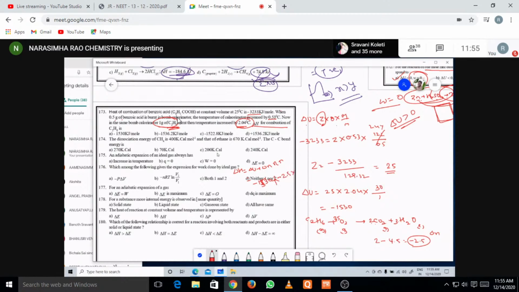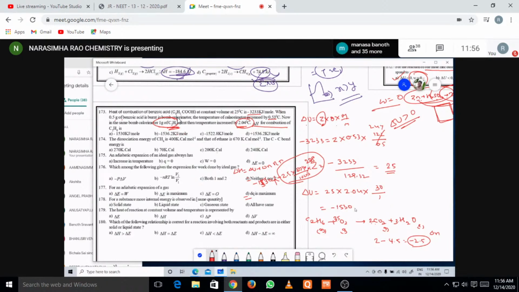R is in kilocalories, so this one in kilojoules: 8.314 upon 1000, into temperature 298. First I am solving this part. This is 2.5 multiplied with 8.314 multiplied with 298, divided by 1000.